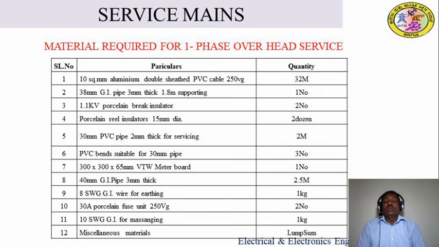So this is what we call the material required for providing the overhead service supply to the customer. These are the materials required, and we also call it the schedule of material. With this schedule of material list we go to purchase the material in the market.